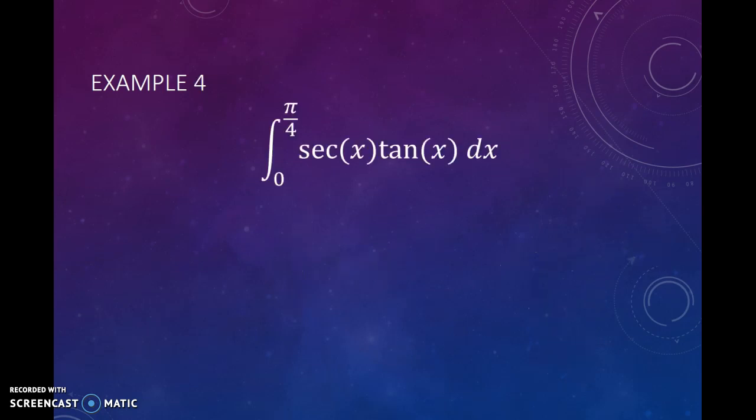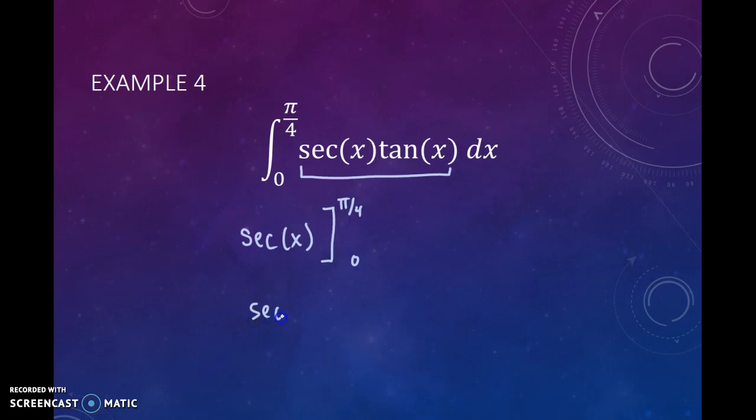Here's another one where if you did a great job of memorizing derivatives, then this shouldn't be too hard. What gives us this for a derivative? We're thinking backwards. The thing that gives us secant tangent for a derivative is secant of x. So that's our big F. And then we're going to evaluate that at pi over 4 and 0.